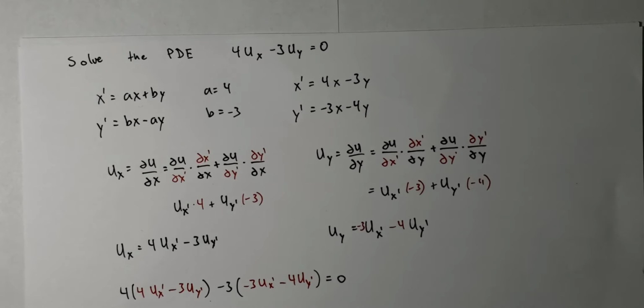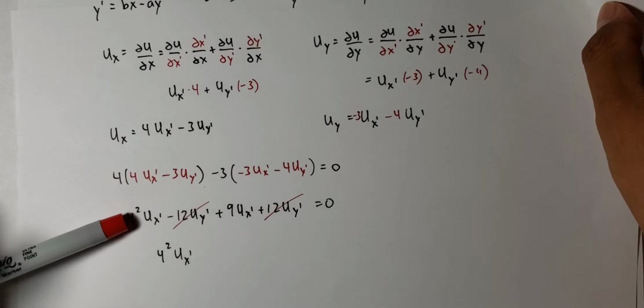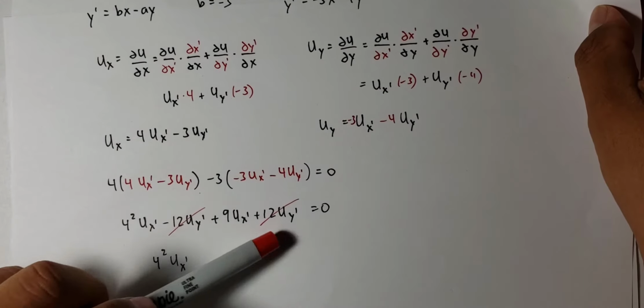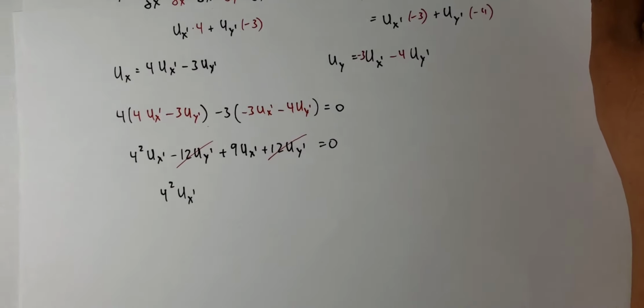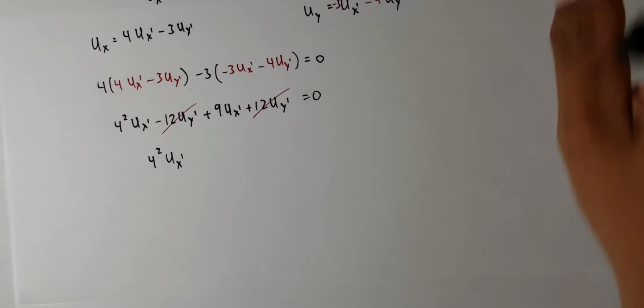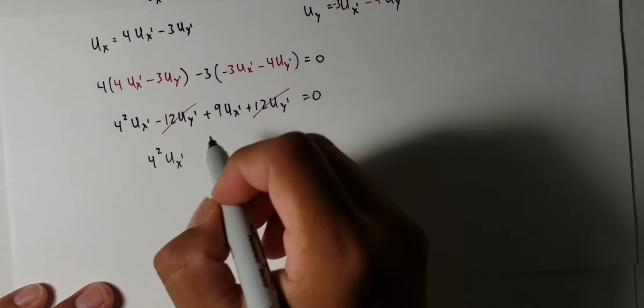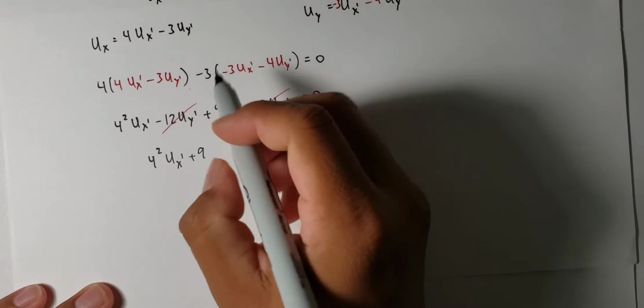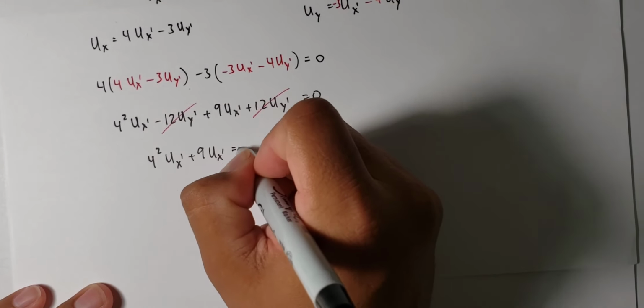Distribute and simplify a bit. These two will eliminate each other. You're left with plus 9 u of x prime equals 0.